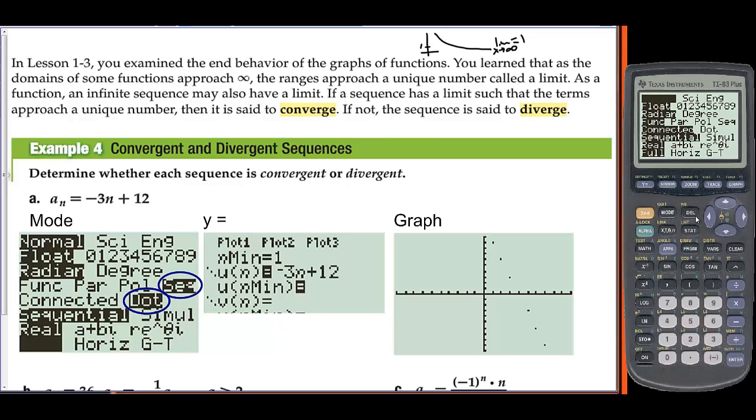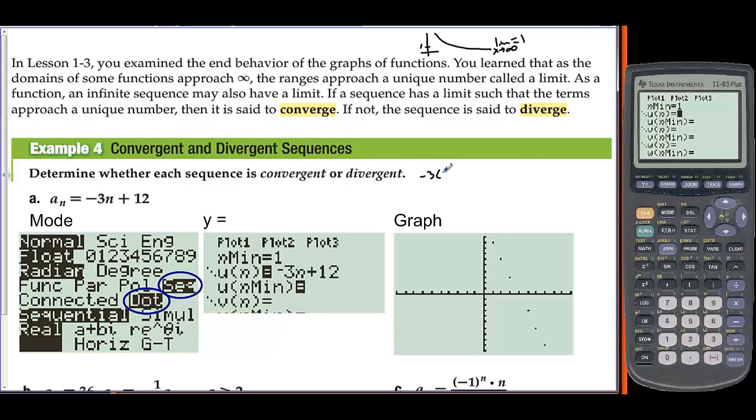If you click mode, we can turn our calculator into a kind of a sequence generator. And then go down, instead of connecting all of our points, we'll just make each of the points dotted. Then when we click y equals, we see that the n minimum is set to 1, which means we're going to plug 1 into this formula to start out with.